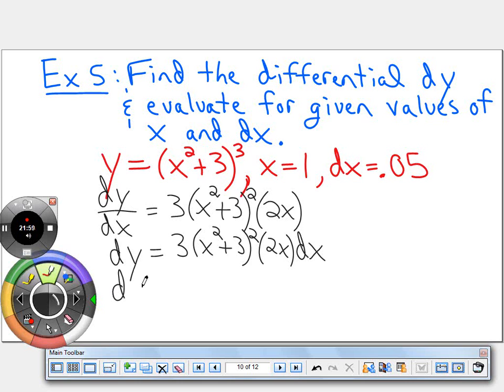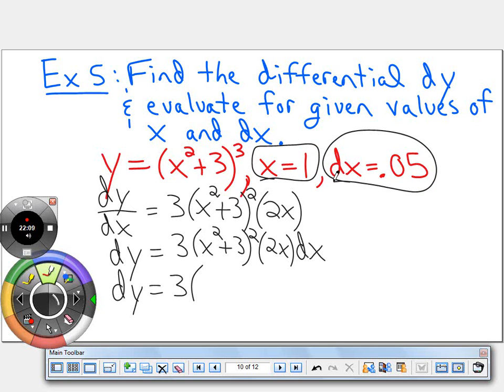So we would say the differential would be equal to 3, and then our x in this case is 1, and our dx is 0.05. So we're going to plug in a 1, square it. We're going to have 2 times 1, and then the dx is 0.05. And so our answer here, the differential, is equal to 10.8.